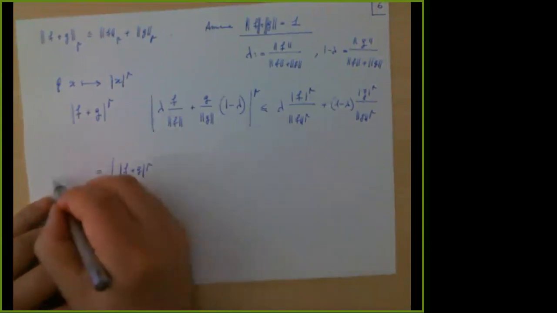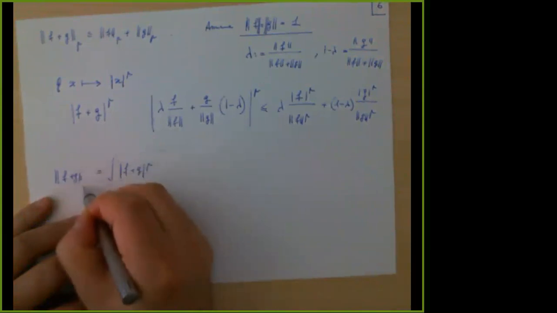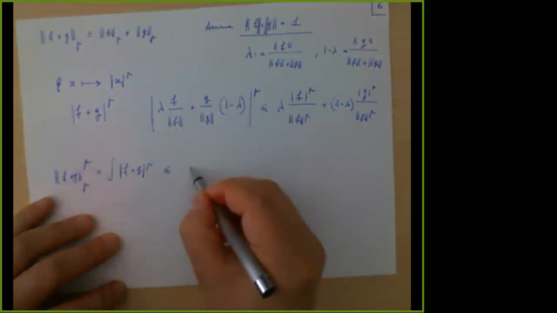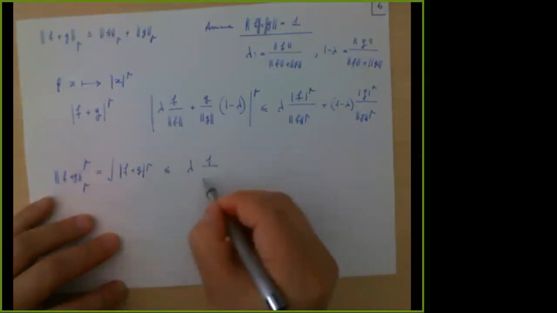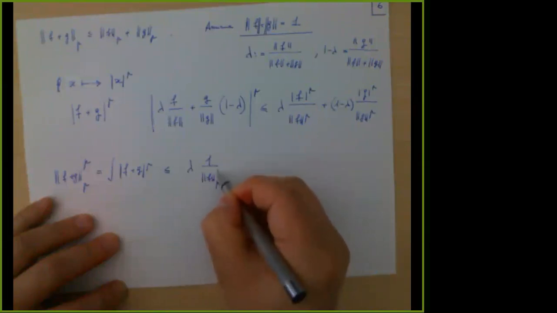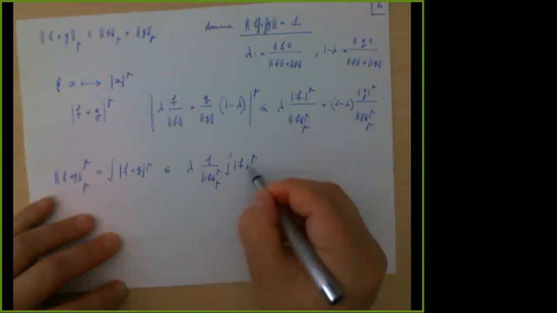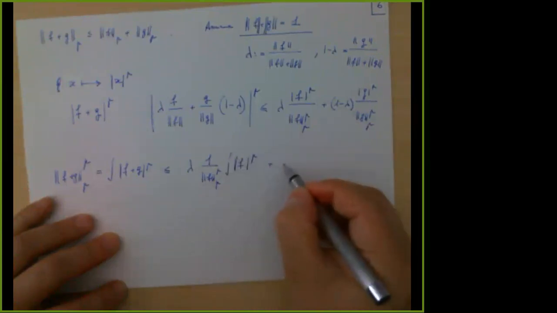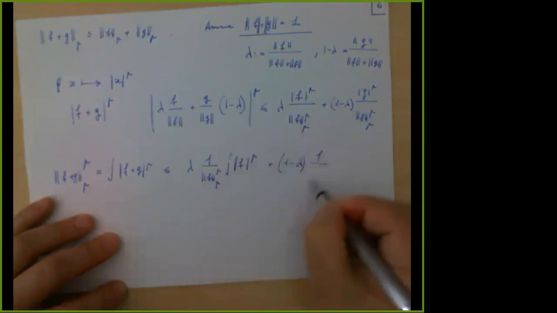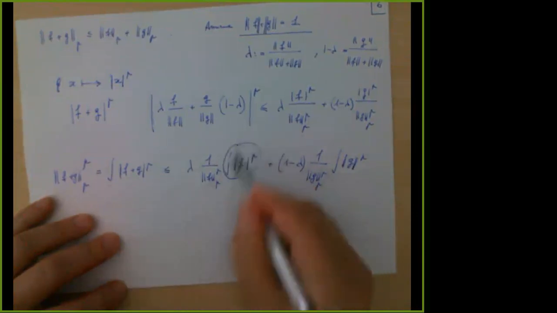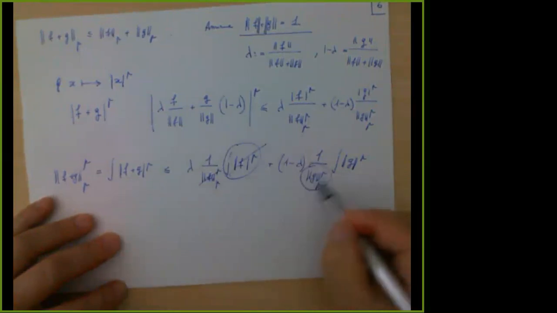This, of course, will produce the norm of f plus g to the power p. And this will be less or equal than lambda times 1 over the norm of f to the p, and then the integral of f to the p, plus 1 minus lambda times 1 over the norm of g to the p times the integral of g to the p. But then this by definition simplifies with this, and this simplifies with this.